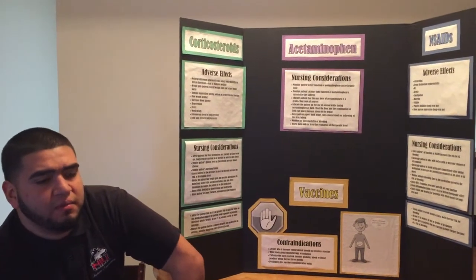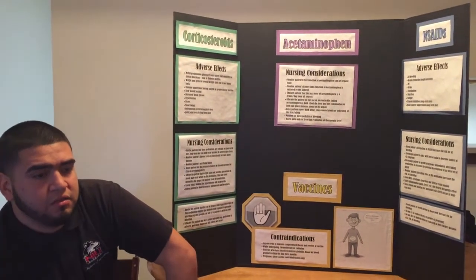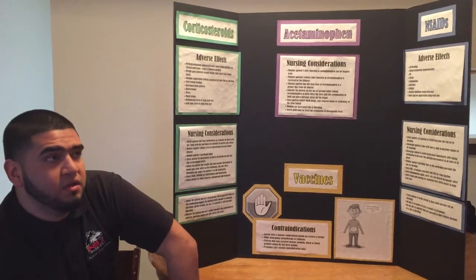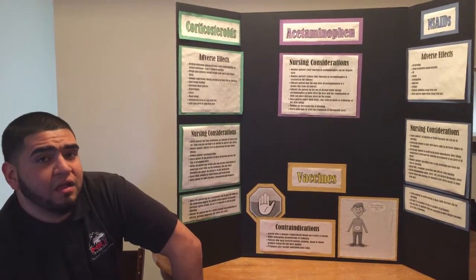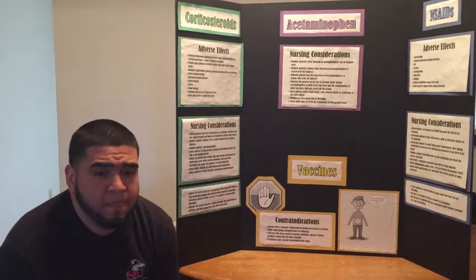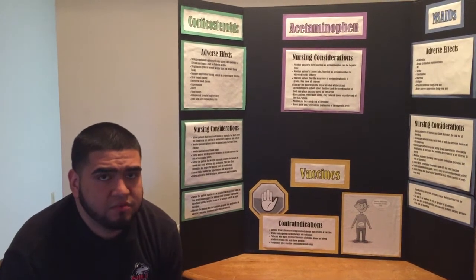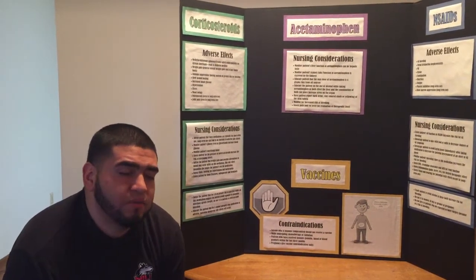What these medications do is they block the formation of prostaglandins and leukotrienes in the body, which means that it blocks the inflammation response and it blocks the immune response as well.